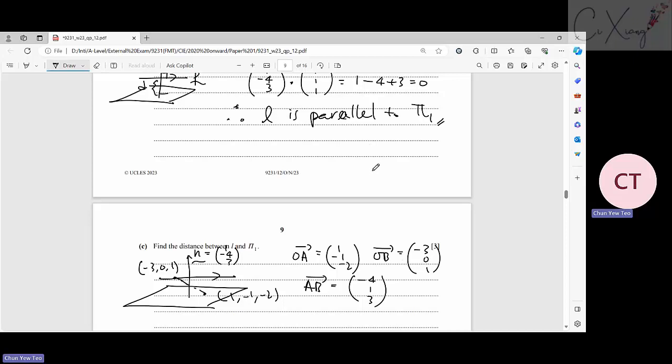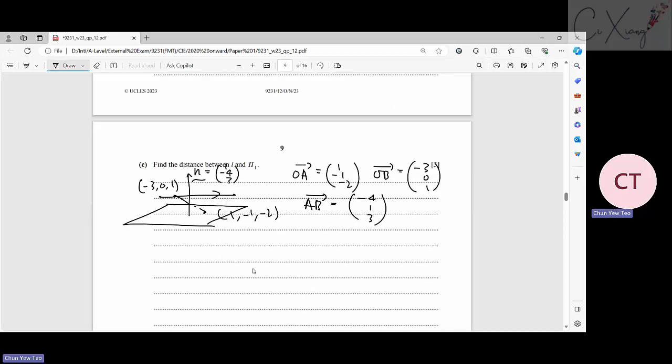Now for the shortest distance D. Maybe the diagram didn't state it very clearly, so let me erase it. You have a line, a point A, and a point B, and you have found AB.